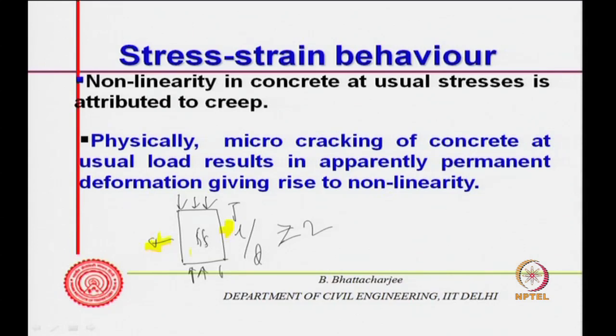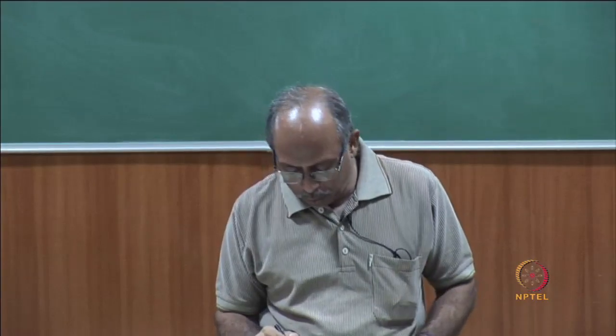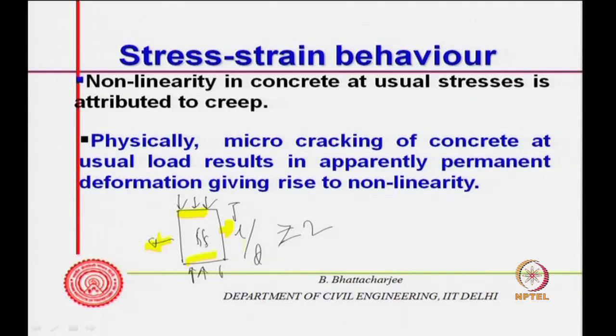Now, after a certain period of time, suppose you withdraw the load. This results in deformation along this direction too, so a reduction in the length; micro cracks will form and there will be reduction in the length. When you release this load, these micro cracks are not going to fill up. They will remain as permanent features in the material, and therefore it will not go back to its original state.